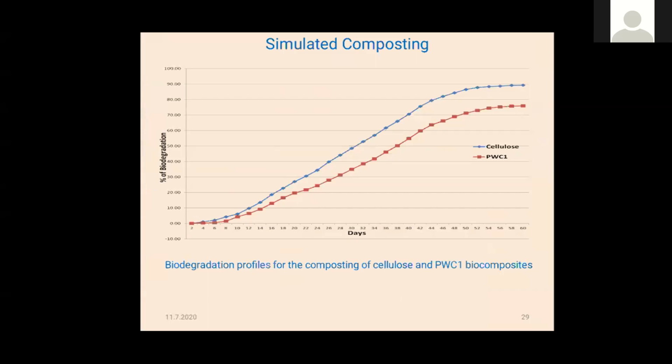For biodegradability, I took cellulose as a reference, of which around 90% biodegrades in about 60 to 90 days, whereas my PLA biocomposite is around 75 to 80% biodegradable in 60 days. So I confirmed that my product is biodegradable, biocompatible, and a single use and throw product.